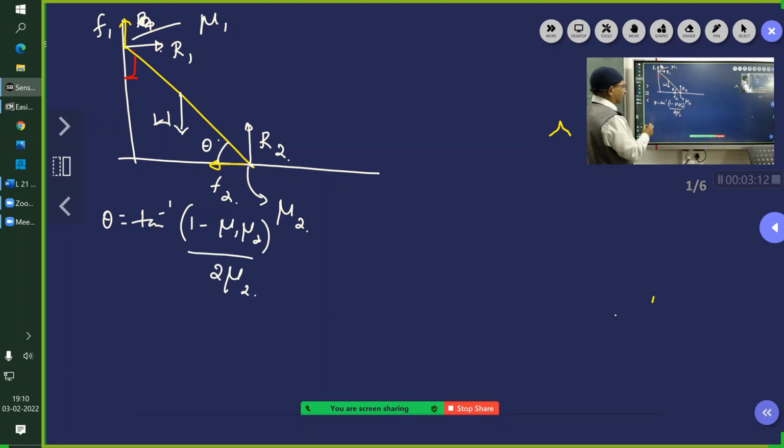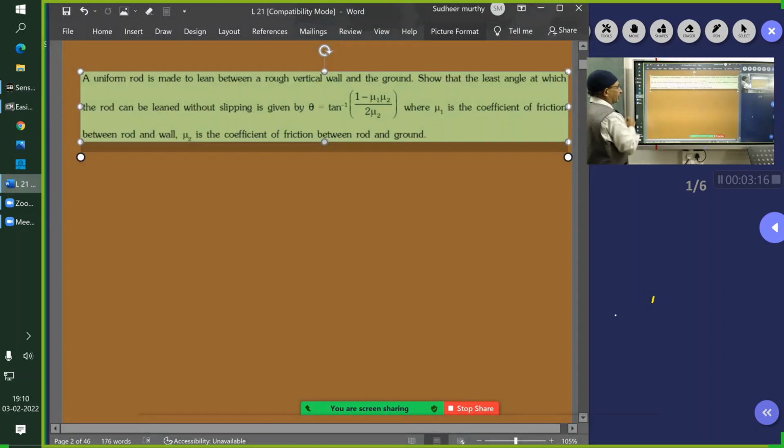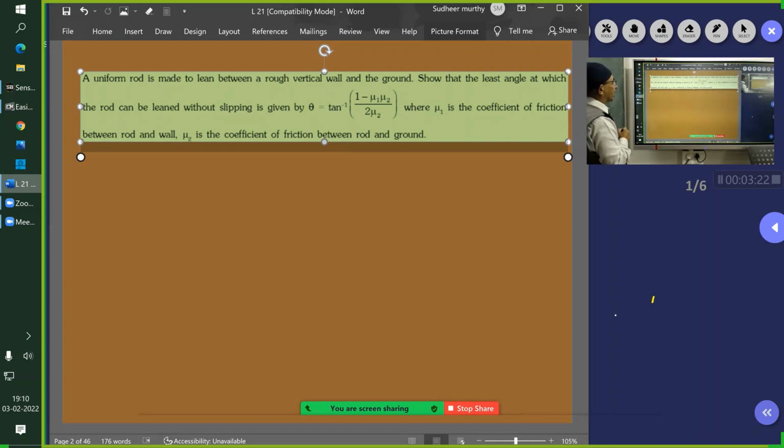This is what we have to prove. The least angle at which the rod can be leaned without slipping is given by this theta.